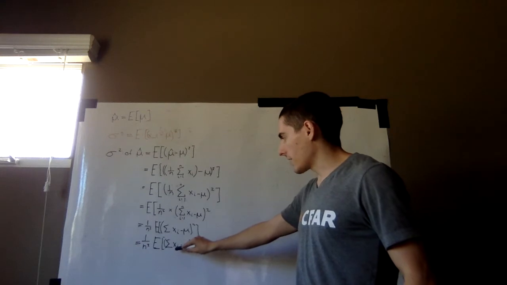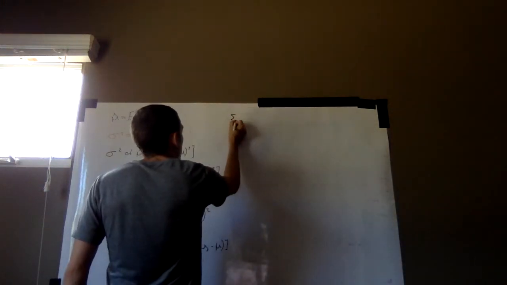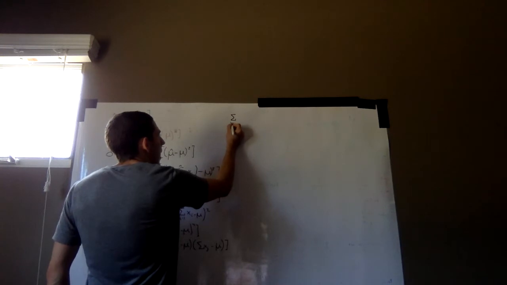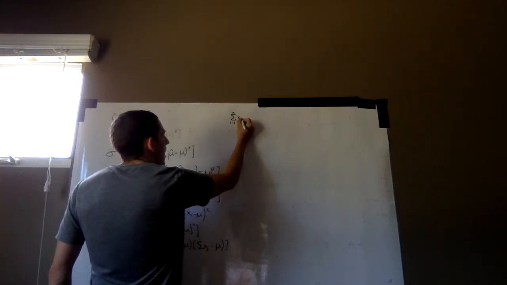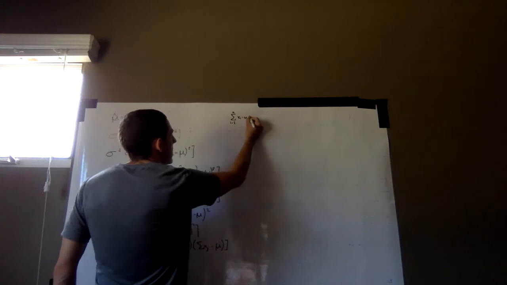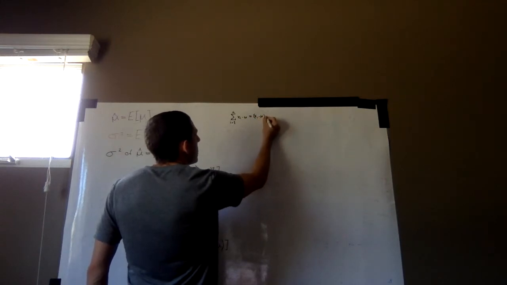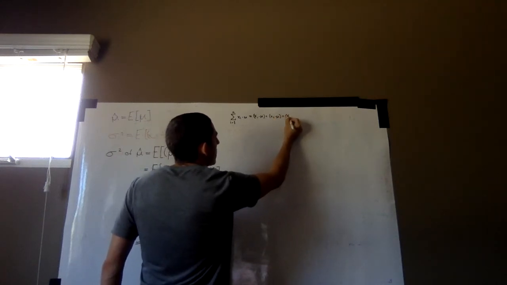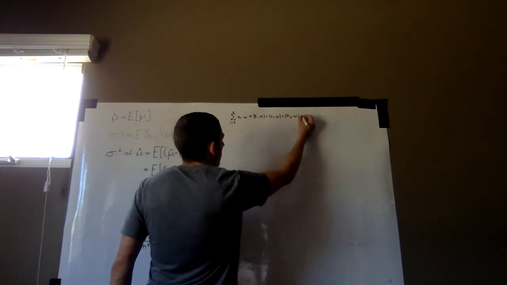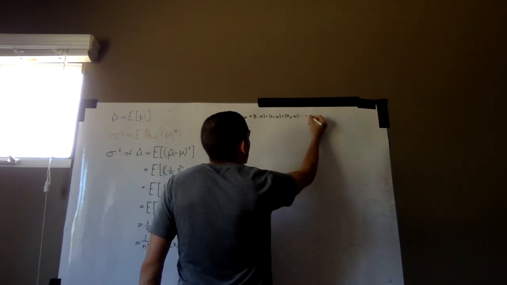The sum of i equals 1 to n of xi minus mu is equal to x1 minus mu plus x2 minus mu plus x3 minus mu, all the way to plus xn minus mu.